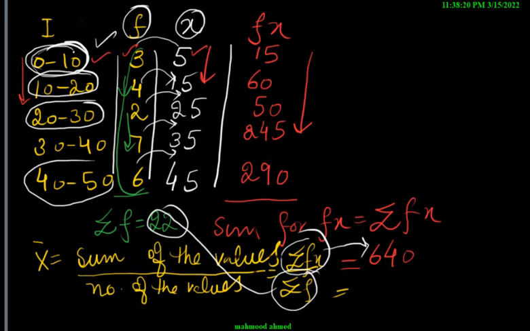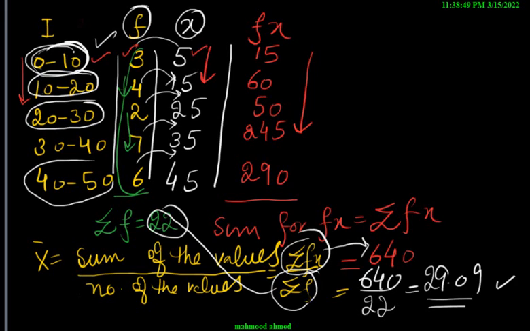So x bar is equal to 640 over 22, and this is equal to 29.09.